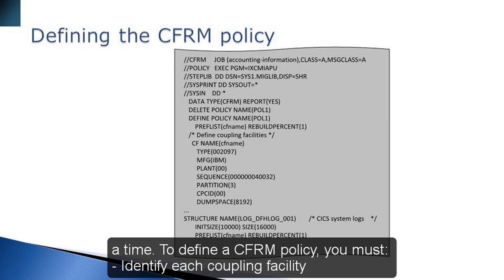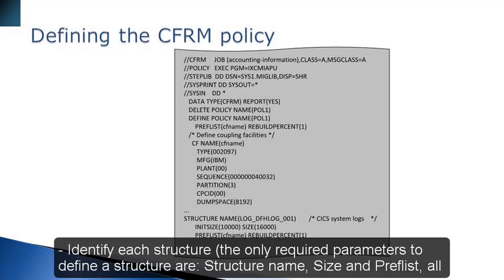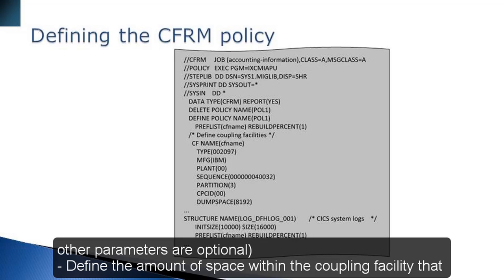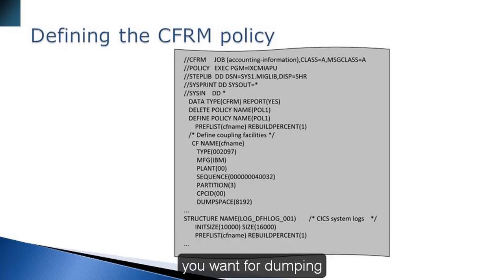To define a CFRM policy, you must identify each coupling facility, identify its structure. The only required parameters to define the structure are structure name, size, and pref list. All other parameters are optional. Define the amount of space within the coupling facility that you want for dumping.